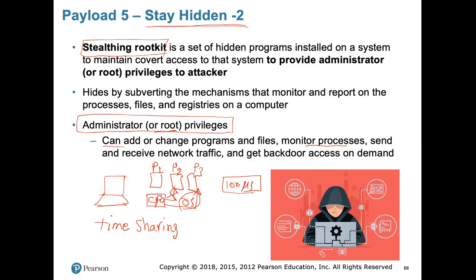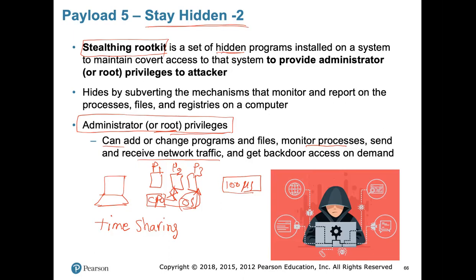So it sends and receives network traffic, and all low level and very important services that might be available to the operating system would be available to the person or the program with the root privilege or root access.